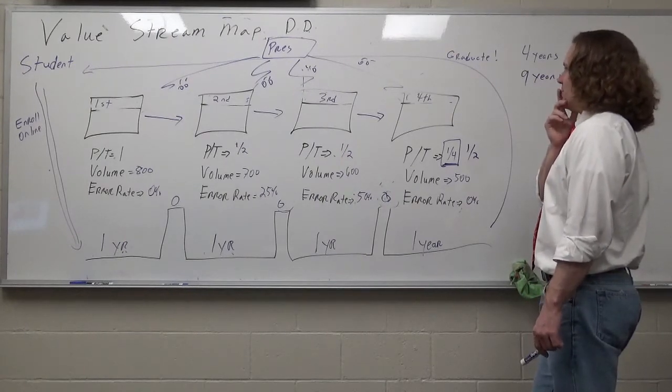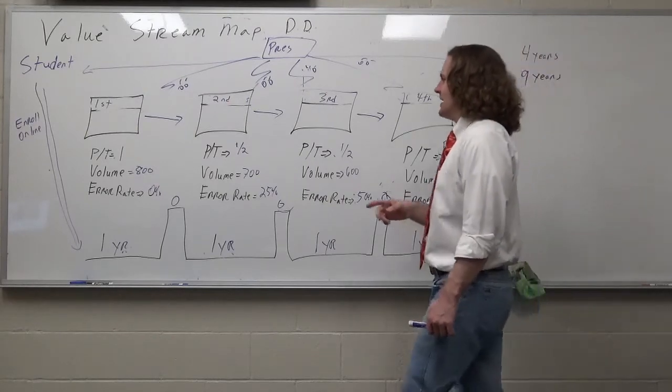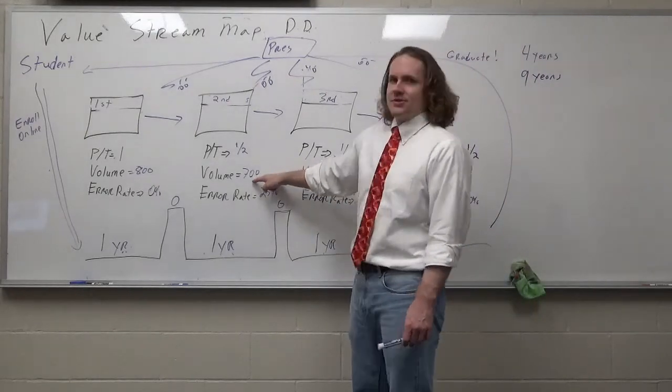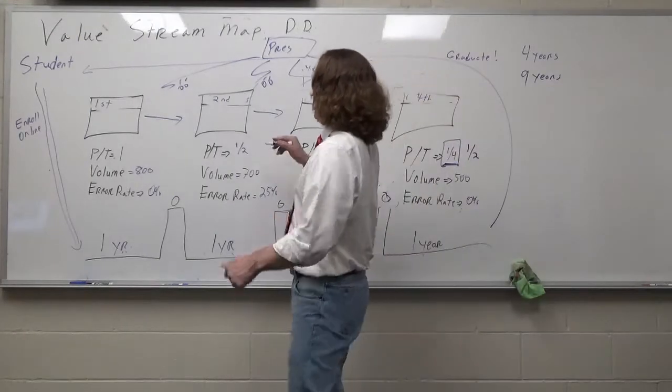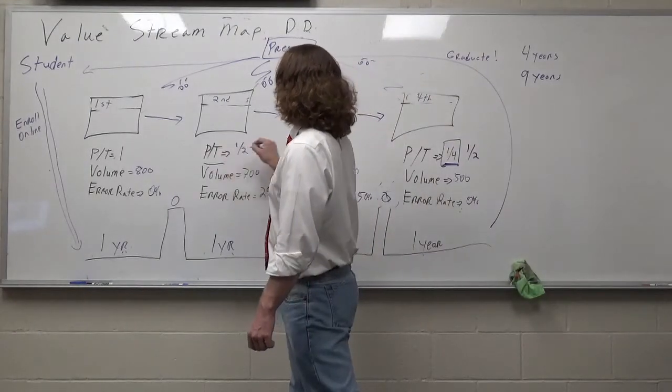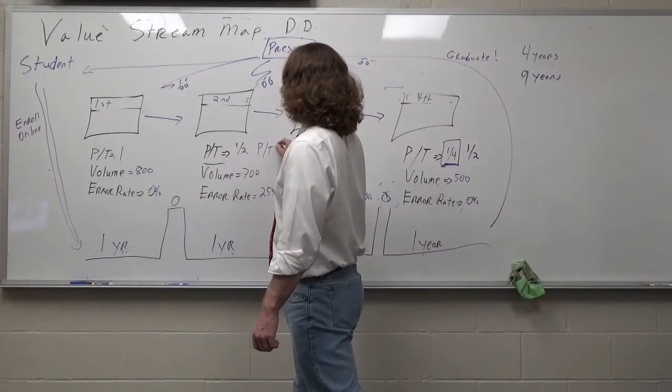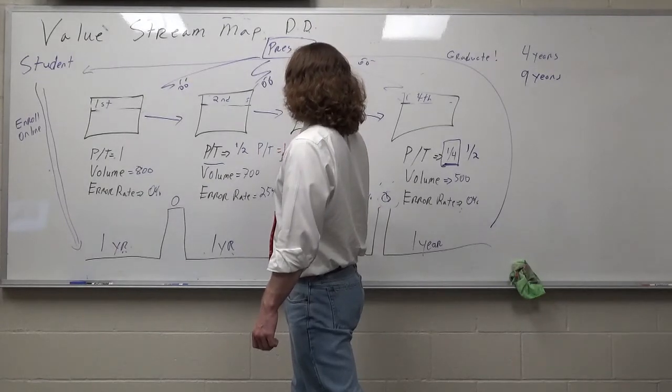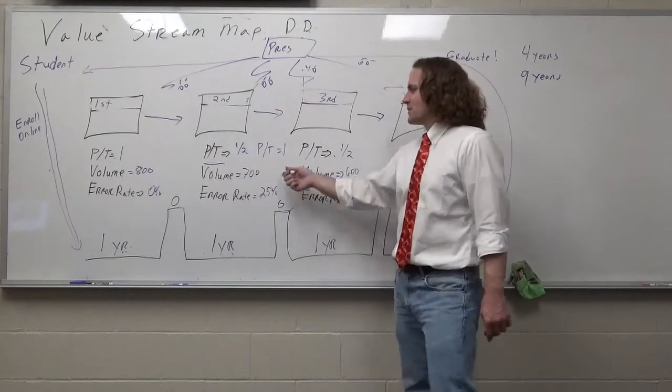Well, I would probably try to make sure that as many of these 700 students had the best opportunities possible. So I would invest in faculty here to try to get this PT rate as close to 1 as possible. Okay, that's probably where I would go.